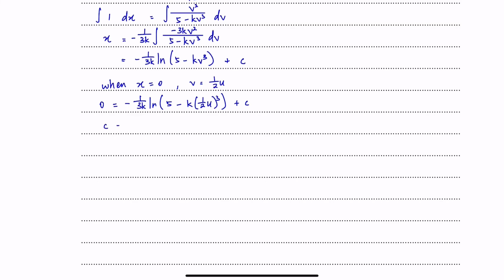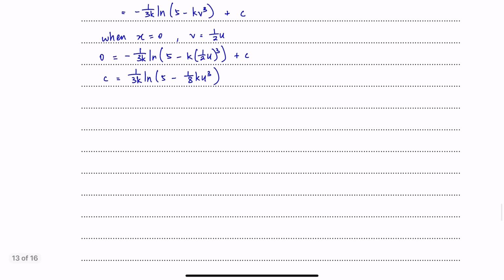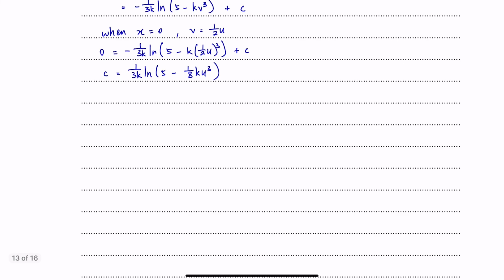So c would be equal to 1 over 3k ln of 5 minus 1 over 8 ku cubed. We rewrite the equation in terms of x to make our life easier.